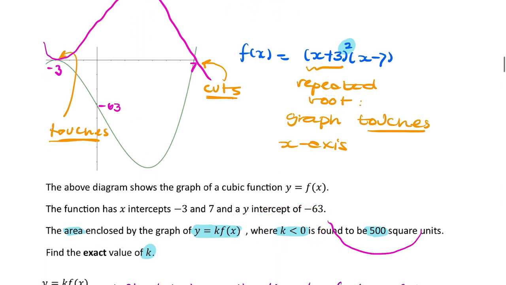So they're saying that this area is equal to 500. So this area looks like it's going to be the area between the axis and the curve. And to find the area, we need to integrate.